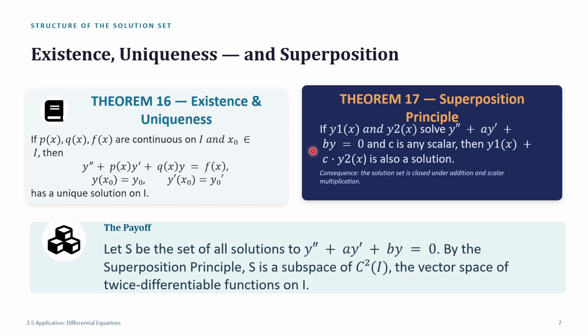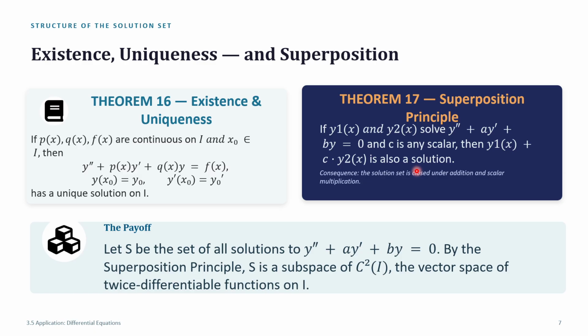Theorem 17 is about the superposition principle. If y1 of x and y2 of x solve y double prime plus ay prime plus by is equal to 0, and c is any scalar, then y1 of x plus c times y2 of x is a solution.